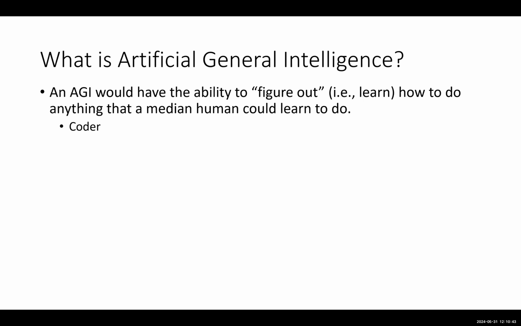So, take for example a coder. If you can code, then an AGI can code, or it could at least figure out how to do that. I think this is a really interesting example because back in the day when I first started graduate school, around 2015, I started hearing people say the best degree you can get is a degree in computer coding, right?